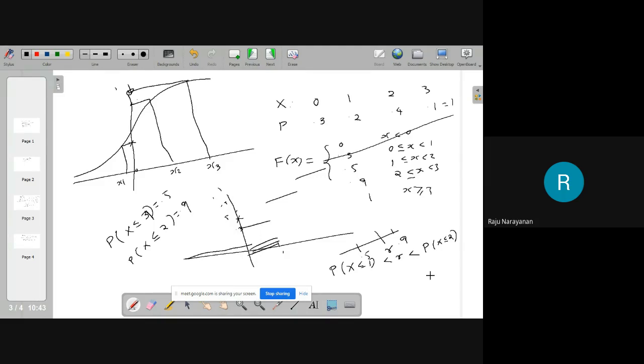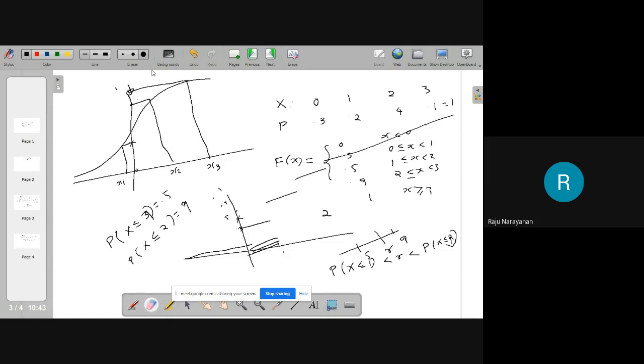In this case, we take 2 as the random number generated. This value we take as the value of the random variable.